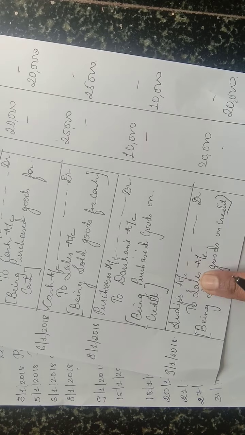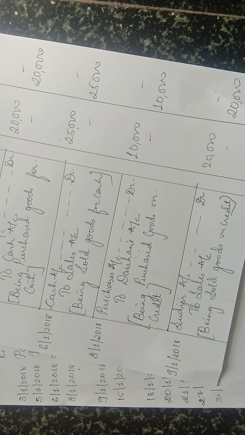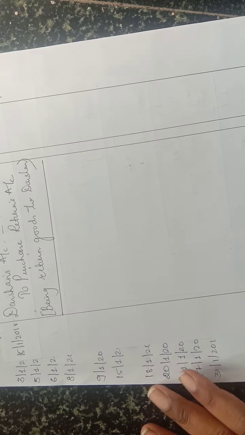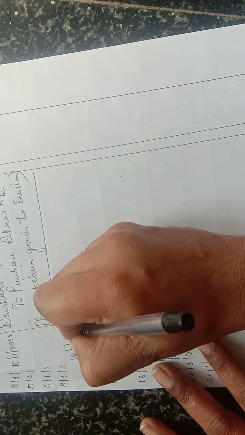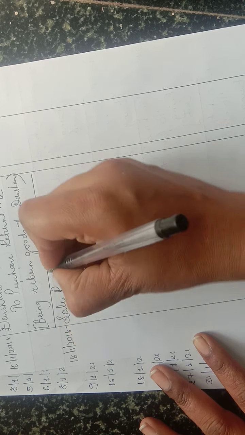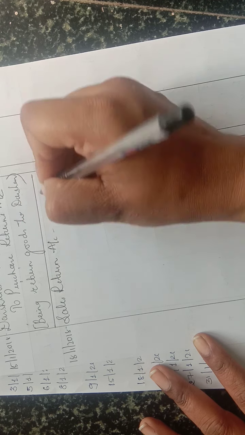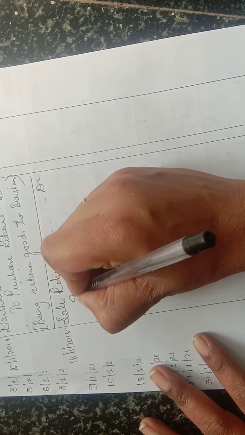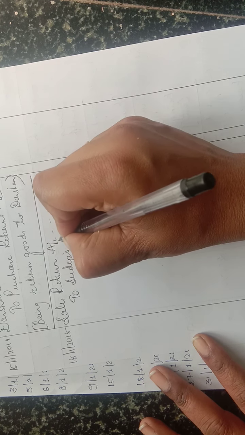Sales account here, sales account is credited. Now here you have to debit. Sales return account debit to Sudeep's account. Reverse you have to make when it is return. Okay. So date is 18 date. Sales return account debit to Sudeep's account.